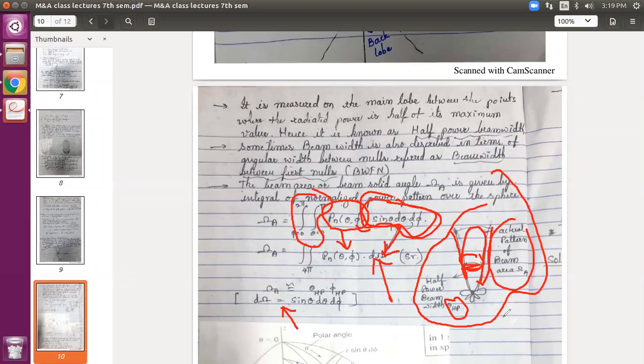This is with respect to theta. As I cannot draw the three-dimensional view, whatever patterns are drawn will have a 3D graph. The same is applicable to phi also: phi HP, theta HP, in the spherical coordinate system.